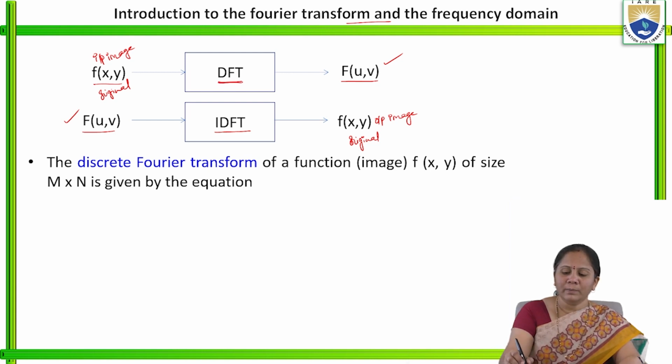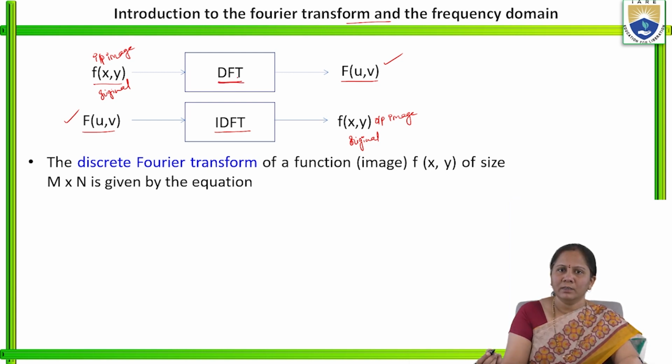So what will be the converted image after applying the DFT? For example, consider the discrete Fourier transform of the function f of x comma y, where the image f of x comma y is of size m by n. Here m and n represent the number of rows and columns.